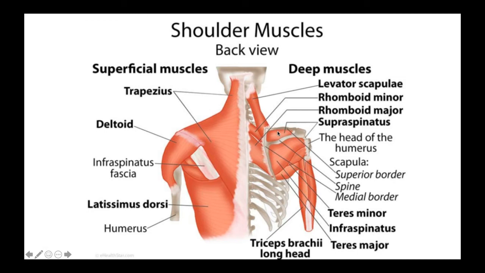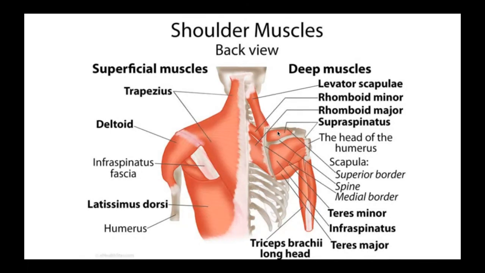The supraspinatus abducts the shoulder. The infraspinatus and teres minor both externally rotate the shoulder. So supraspinatus abducts, infraspinatus externally rotates, teres minor externally rotates, and subscapularis internally rotates.